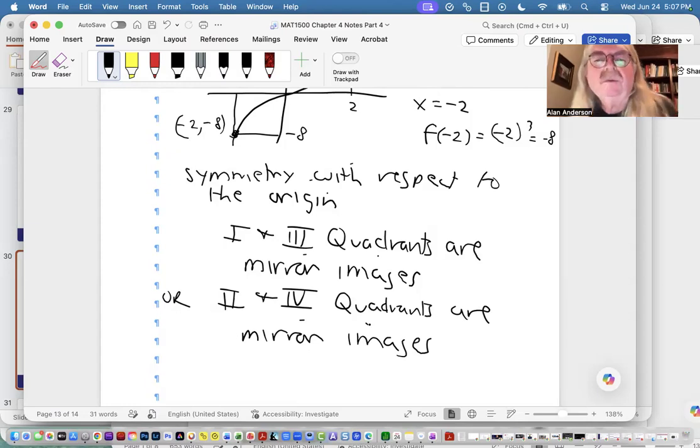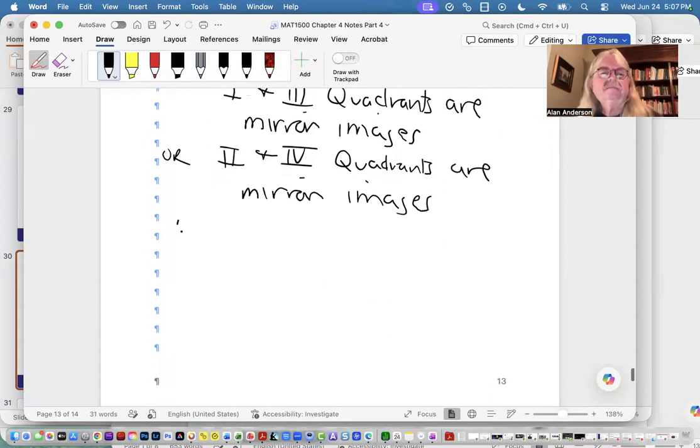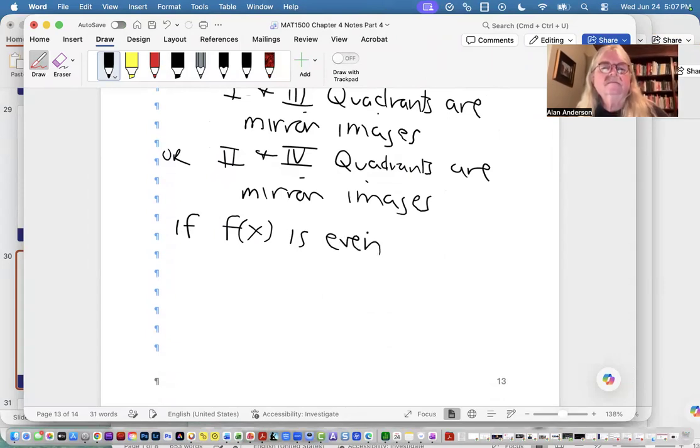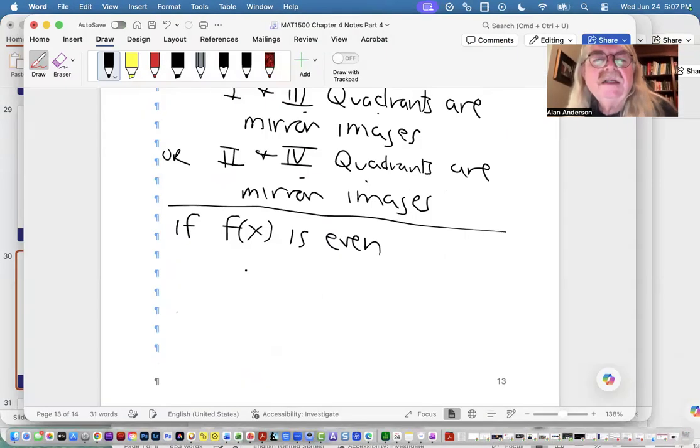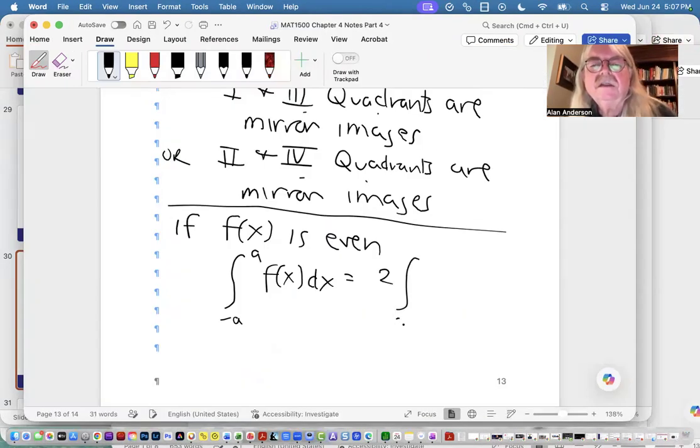Okay, anyway, so what they're telling us here is that with all that being said, these rules apply. If f is even, then this integral is the same thing as 2 times just the positive part.